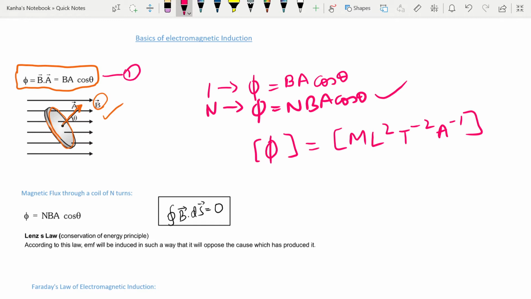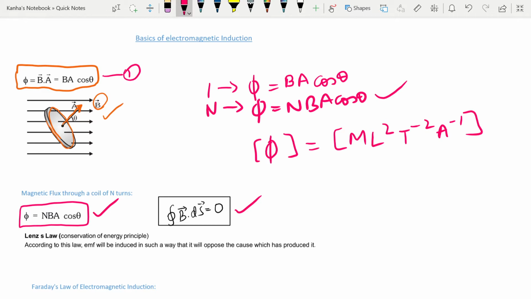Then there are several things that you should remember. The first one is the thing that I've told you about right now, the magnetic flux through n coils. The second thing that I mentioned here is the Gauss law for magnetism. When you integrate B over a closed surface, we find that the value is 0.